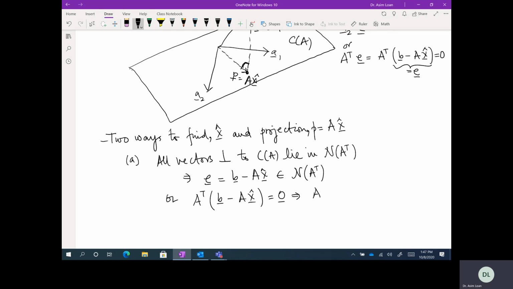This implies A transpose A into X hat is equal to A transpose B.